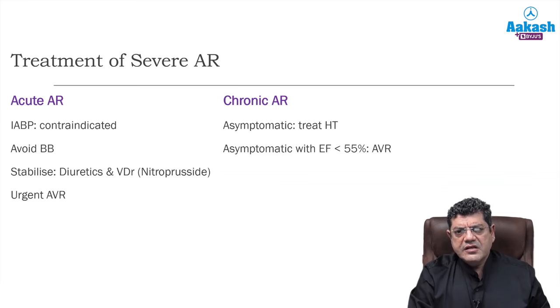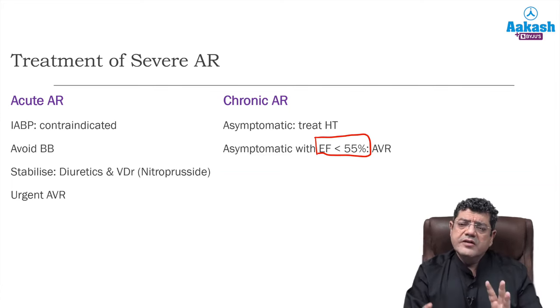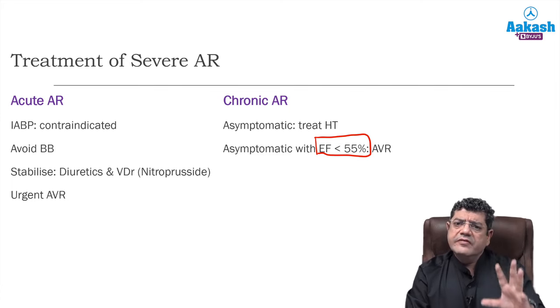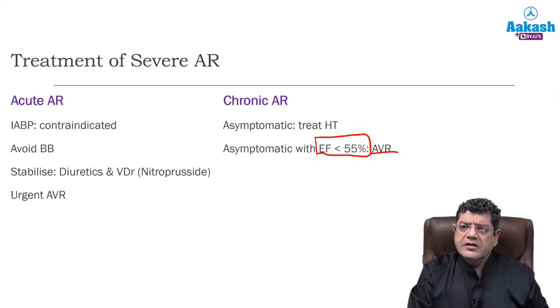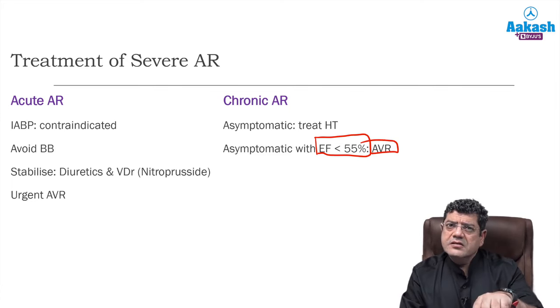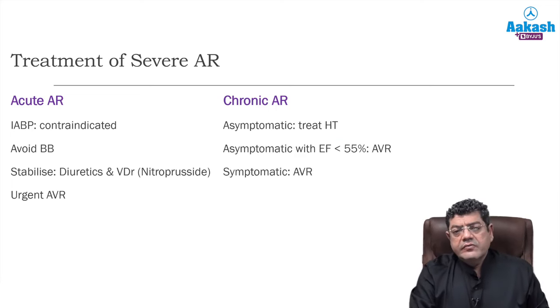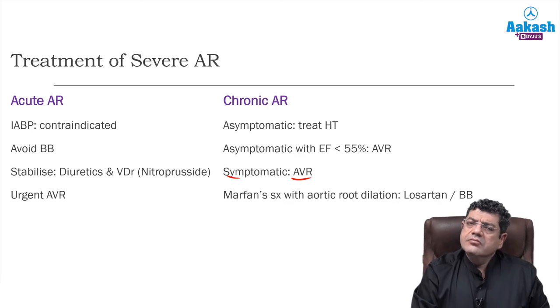If patients are asymptomatic, but their ejection fraction has started to fall, even by a small difference, if it's less than 55%, that's an indication for doing an aortic valve replacement procedure. If you delay this, the outcomes are poorer. Okay. When patients are symptomatic, then of course you need to do replacement surgery.